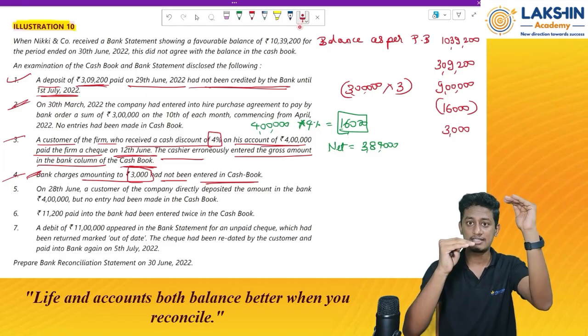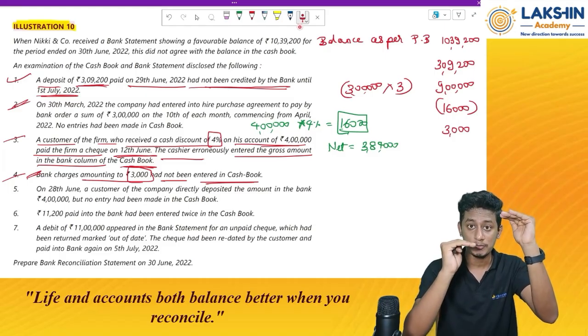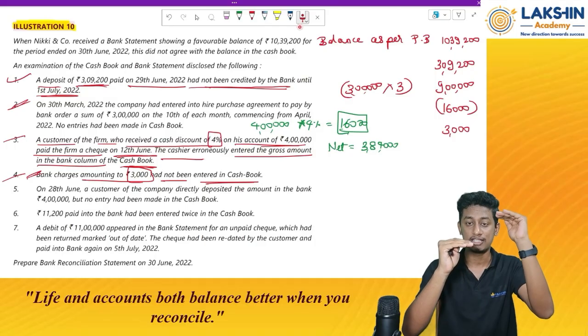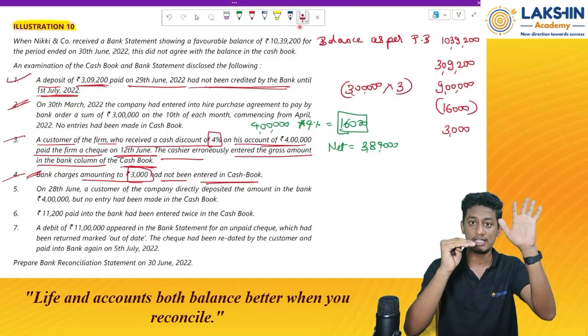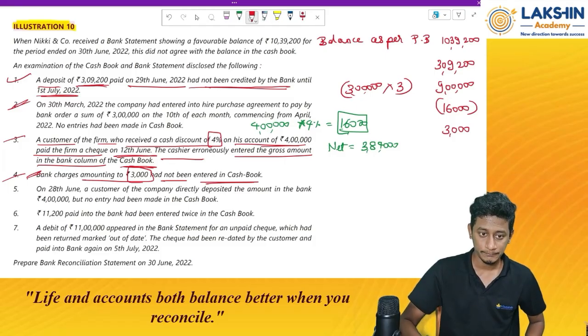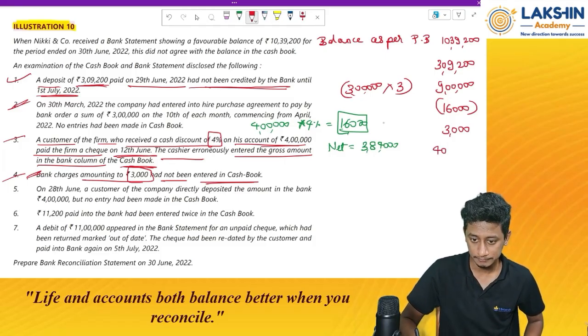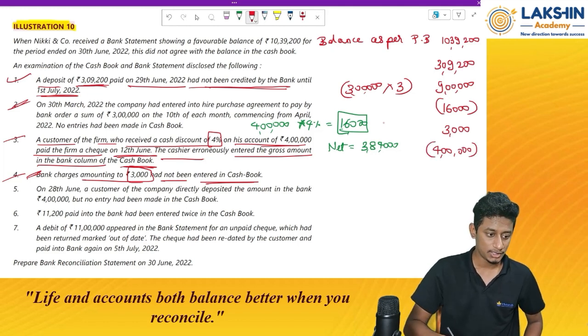But the cash book is not increased because I don't know that the deposit was made. So both are not matching. To make it equal, I can move only the passbook, so reduce by 4 lakh rupees. Then this is also done.